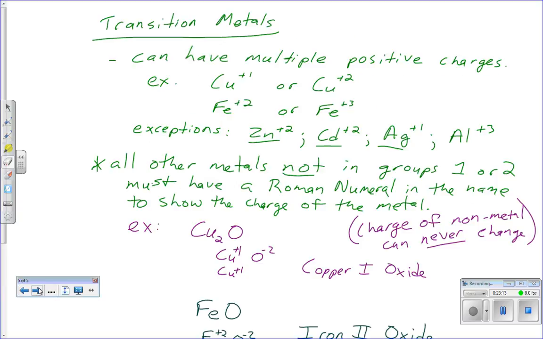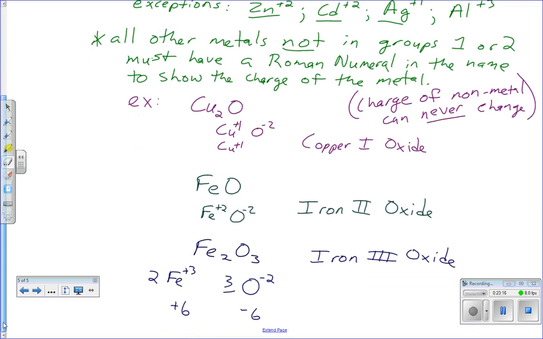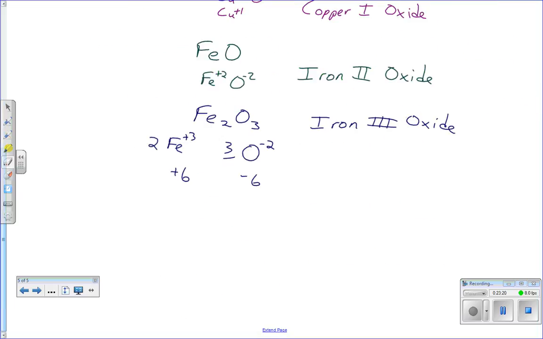Well, you can do the same thing over here to figure out what the charge is on the metal atom. What you've got to remember, though, is the charge of the nonmetal cannot change. So in the case of this one here, you would take this 2 and stick it back up here, and that would be a -2. You'd take this 3 and stick it back up here, and that would be a +3. And that tells you iron 3 oxide.